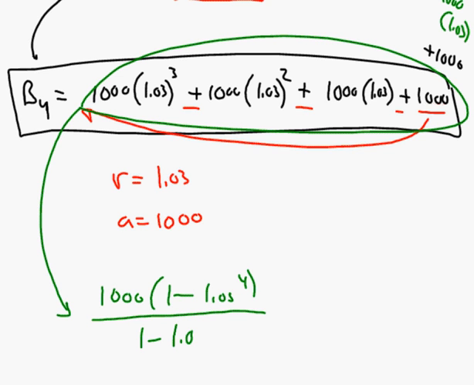And now I know the value of the account at the beginning of the 4th year, which is about $4,183.67, something like that. So that's what this account is worth at the beginning of the 4th year.